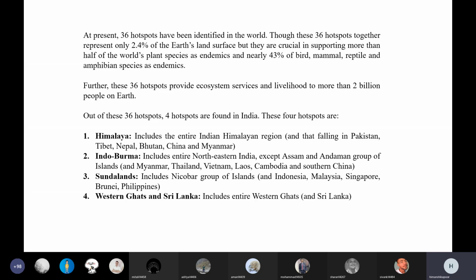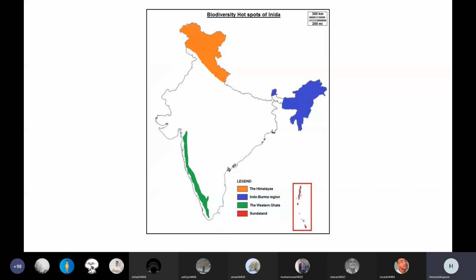That is majorly due to not much disturbance by the humans. So if we see in the map, these are the regions where biodiversity is restricted to. Clear? Yes, ma'am.